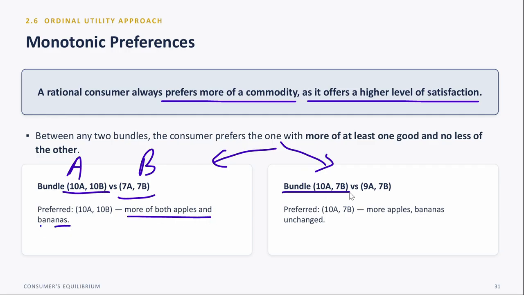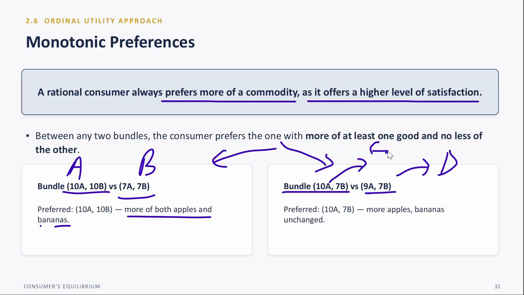Now, can you see this bundle right here? Let us suppose this bundle is C and this bundle is D. Bundle C has 10 apples and 7 bananas, whereas bundle D has 9 apples and 7 bananas. Can you see that there are constant bananas in both of these bundles? That means that each bundle has 7 bananas.